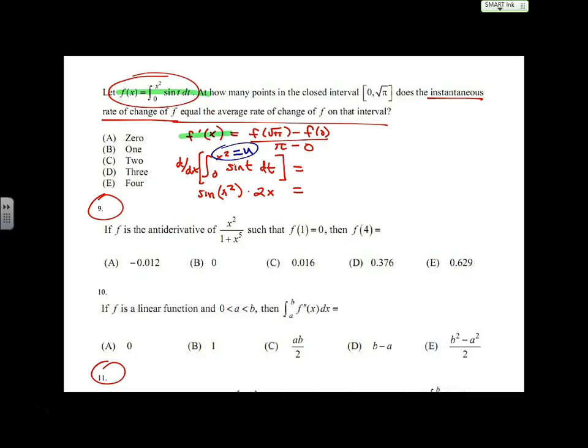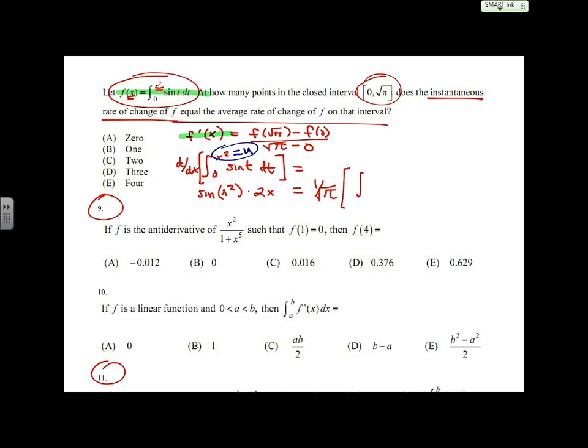On the other side, I'm going to have 1 over pi because I have divided by pi minus 0. How do I find f of pi and f of 0? It's square root of pi. I plugged in the interval wrong, a to b. Doesn't that mean you plug into the x spot?